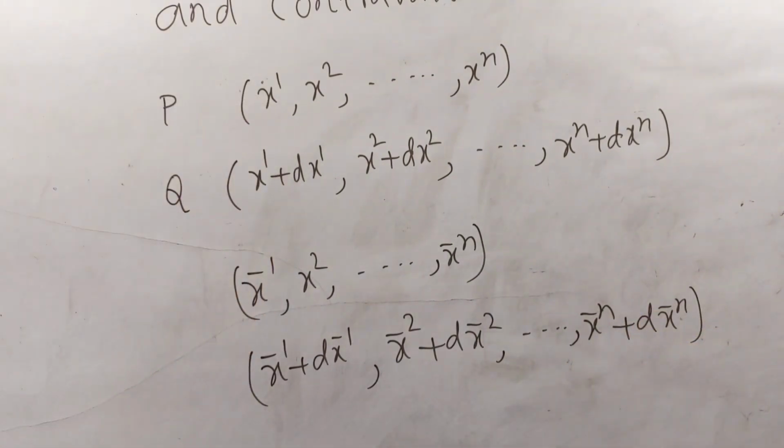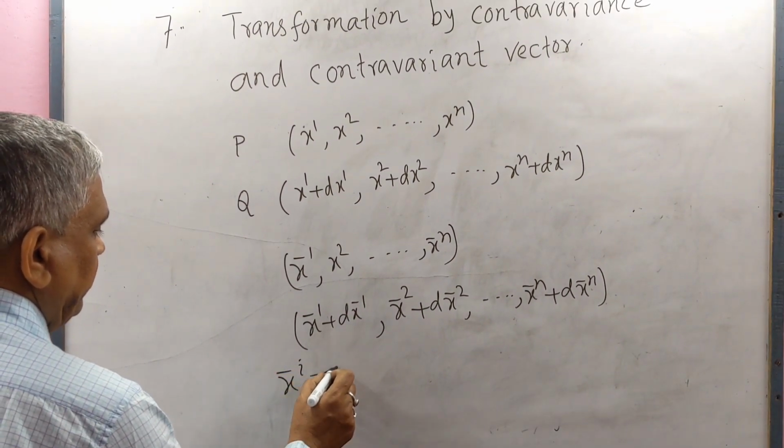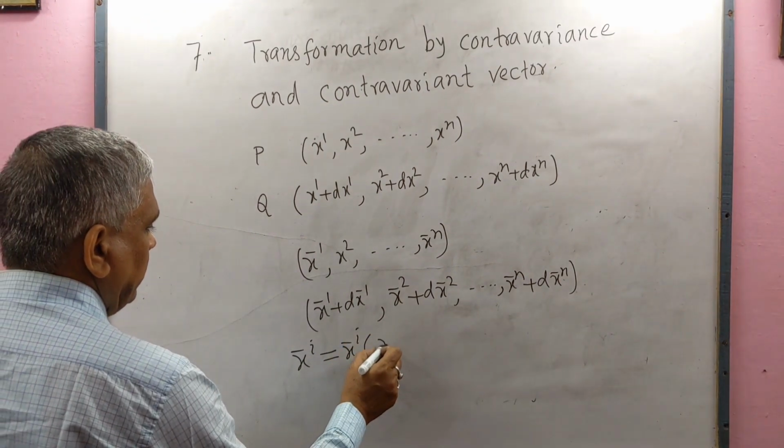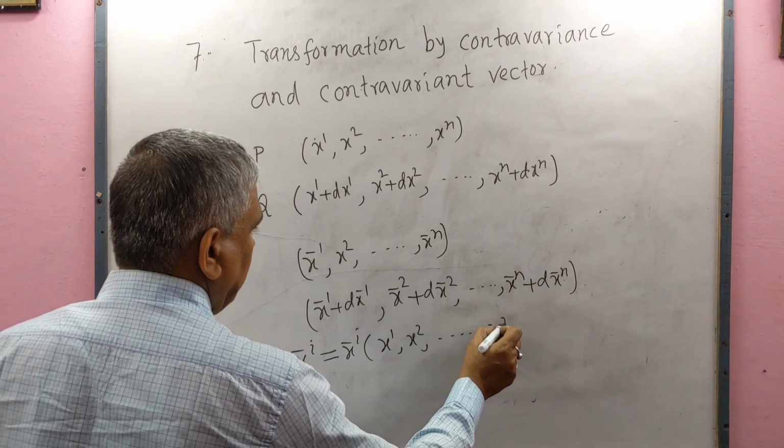The relation between the two systems of coordinates is x bar i is a function of x1, x2, ..., xn.